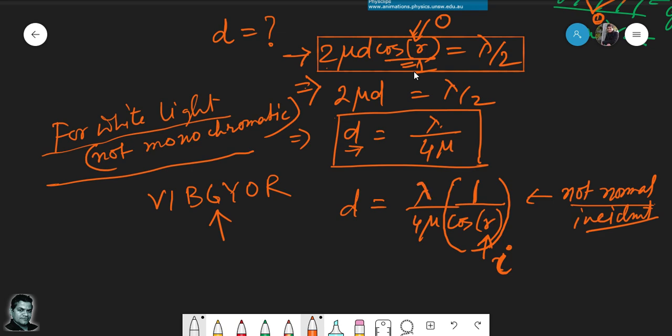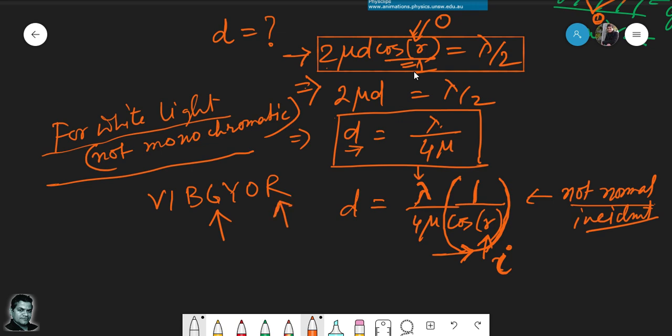So that's why we say that even if we choose this lambda to be the green color wavelength, still because of this factor, as the incident angle increases, this factor 1 over cos r also increases. And that's why the destructive interference becomes more complete for longer and longer wavelength.